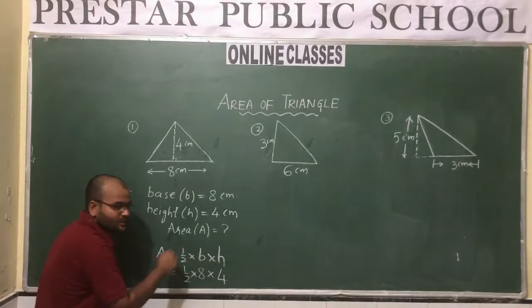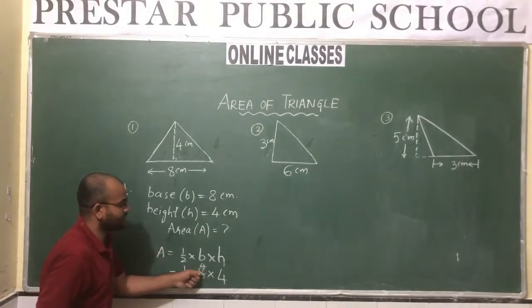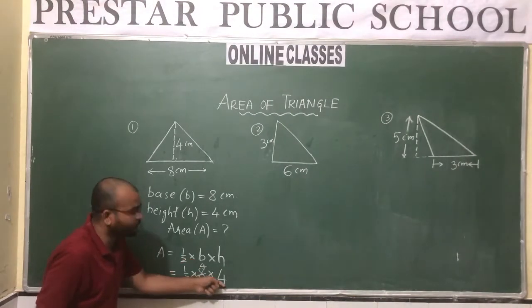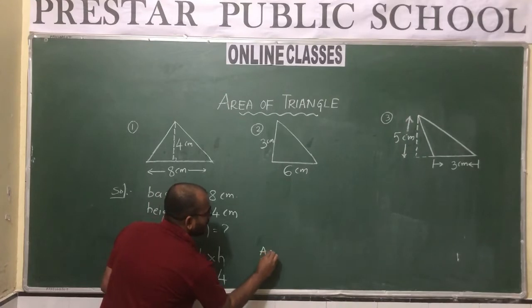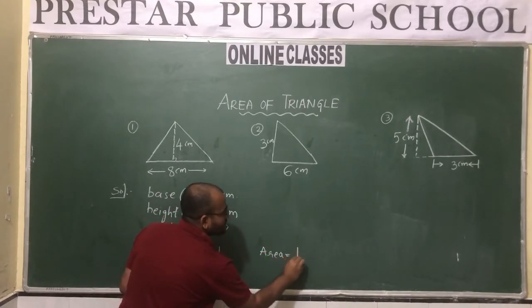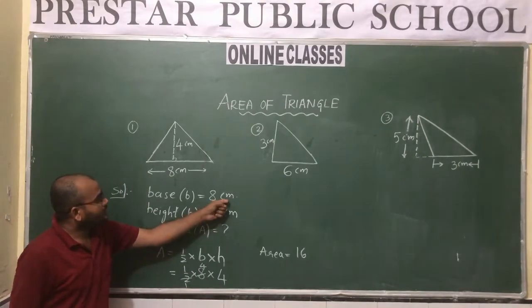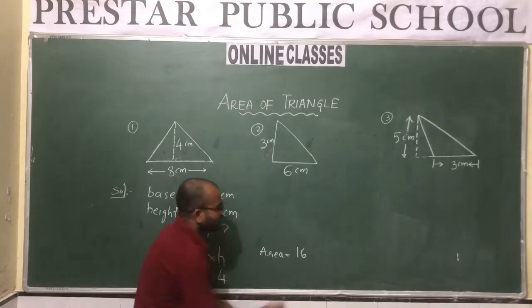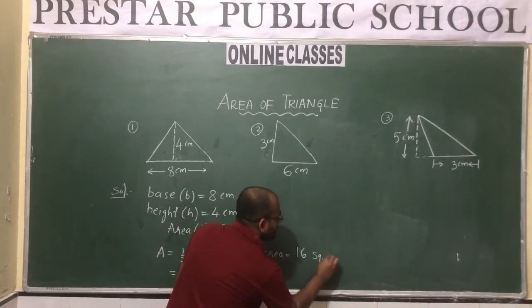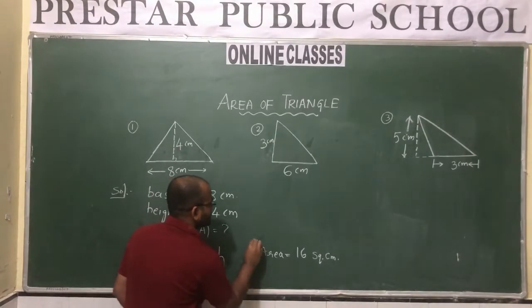Here cancellation is possible. 2 ones are 2, 4 twos are 8. The remaining terms are 4 into 4. 4 fours are 16. So area equals 16. What are the units? In the given problem we have centimeters, so square centimeters. This is the answer.